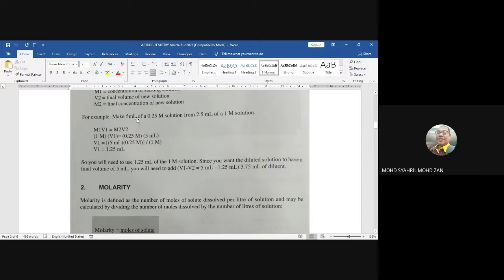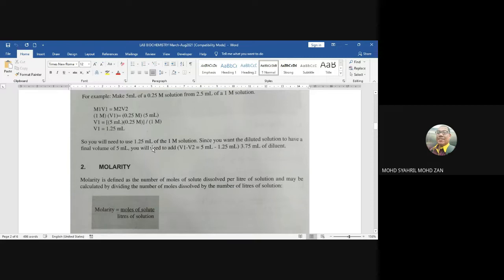V1 we don't know yet, so we have to find it. How much V1 do we need? And then we have 0.25 molar, and then we have 1 molar. Just put them inside that: M1, M2. So at the end of the calculation, you will get V1 is about 1.25 ml.